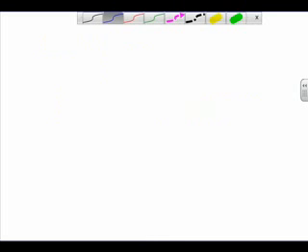So the stretched out S, I mentioned before, is called the integral sign. I will refer to that as the integral sign. I'm not going to call it a stretched out S. The function that we have with the integral sign, the f of x, is called the integrand.